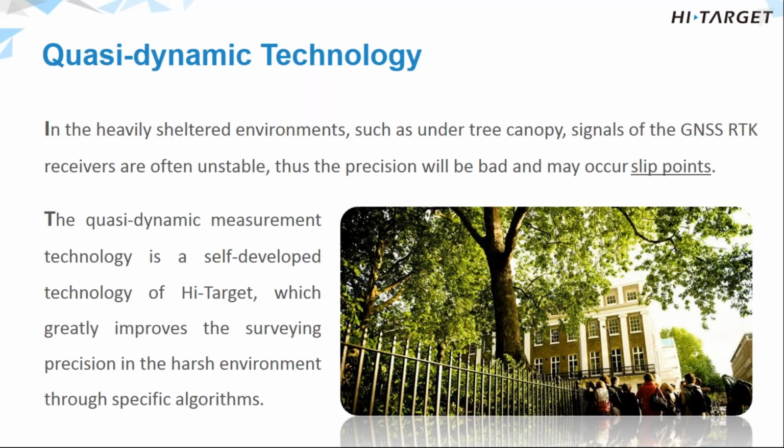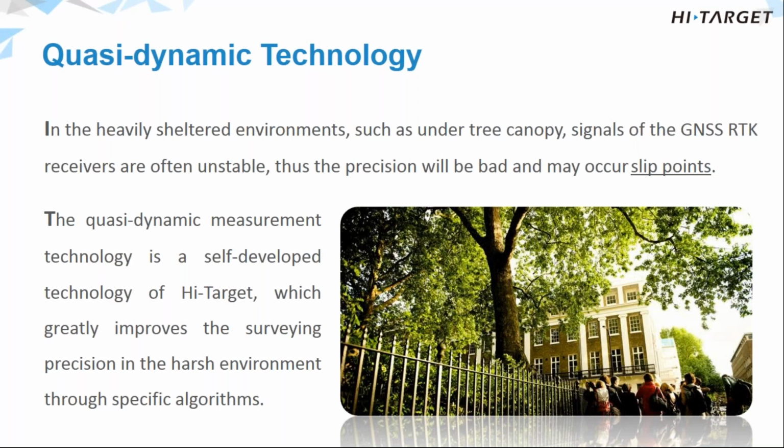The Quasi-dynamic measurement technology is a self-developed technology which greatly improves the surveying precision in harsh environments. So the specific algorithm to improve the accuracy is particularly important.